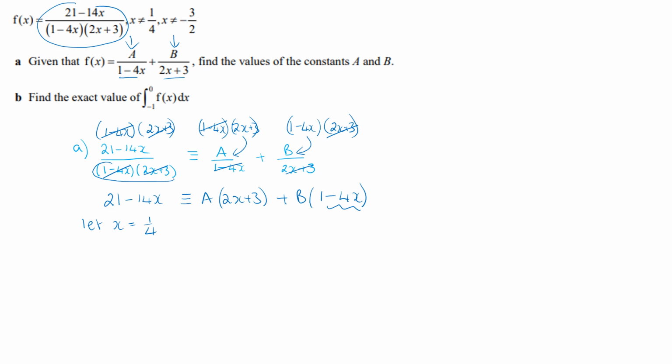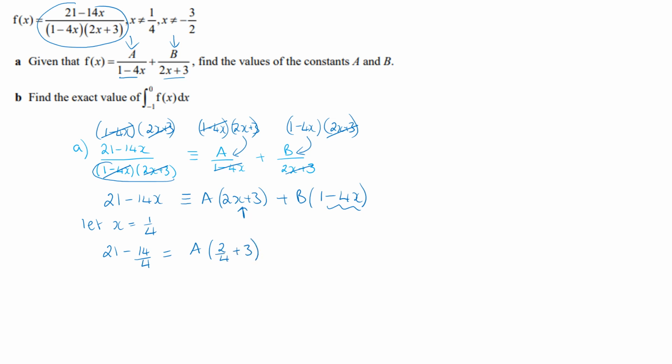Now feeding that in on the left into the 21 minus 14x, you're going to get 21 minus 14 quarters. Now because we've made the second bracket equal to 0, we're not going to have any B's, but when we feed x equals a quarter into here, you're going to get A times 2 quarters plus 3.